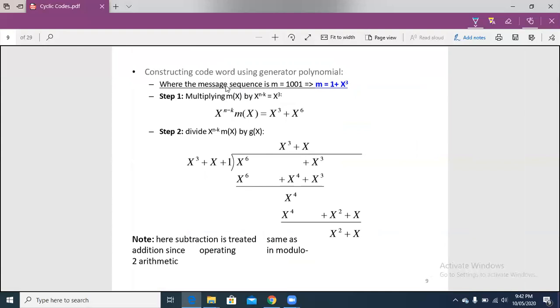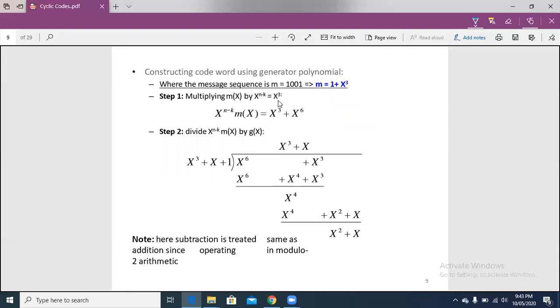Now we choose a message sequence which is 1001. So this message can be written as 1 plus x3, because x and x2 are 0 here. So we generate the shifted version of this code word, because that is a 7-4 code word.